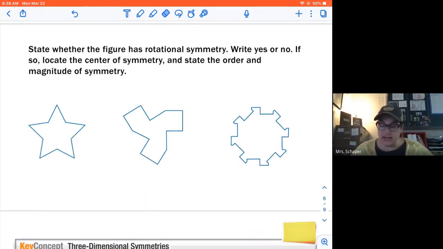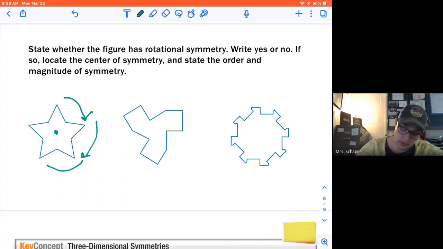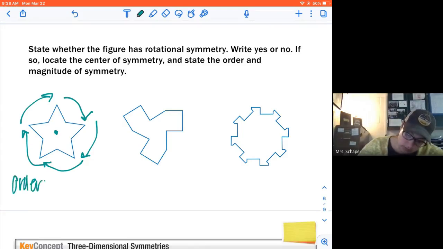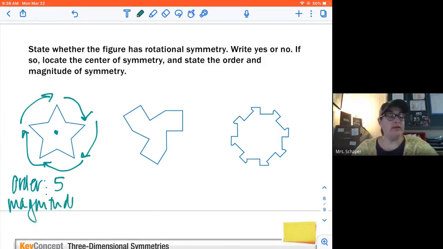So do these have rotational symmetry? Yes or no? If they do, let's find the center of symmetry and state the order. When I look at these, this one for sure has rotational symmetry. The star does. I can rotate it 1, 2, 3, 4, 5 times. So the order is 5, and the magnitude is going to be 360 divided by 5, which is 72 degrees.